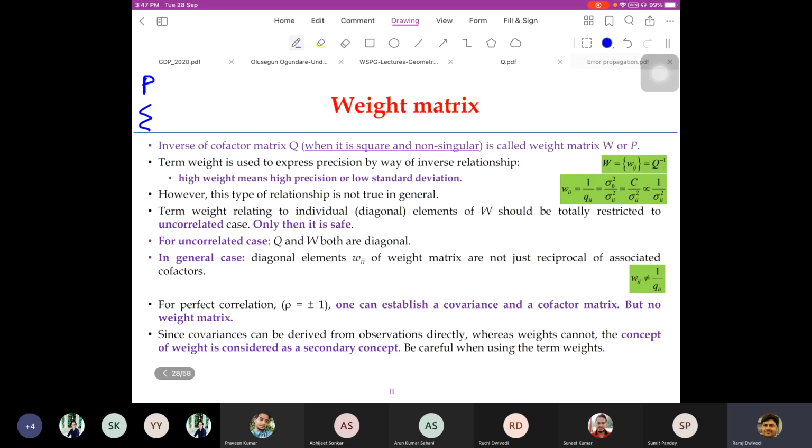If you have access to a sample, you will have Q, that means the cofactor matrix, and associatedly W, if and only if the individual observations are uncorrelated. If they are correlated, then the relationship between Q and W will not hold, and you have to individually assign weights to observations based on your experience or any information available to you.